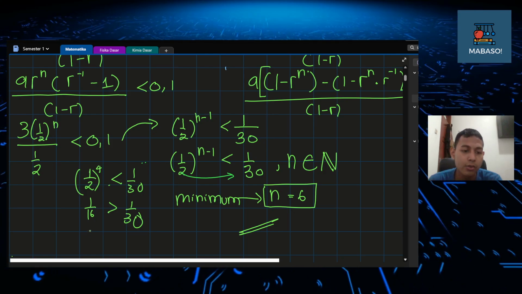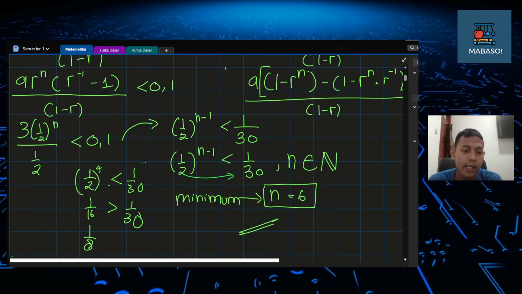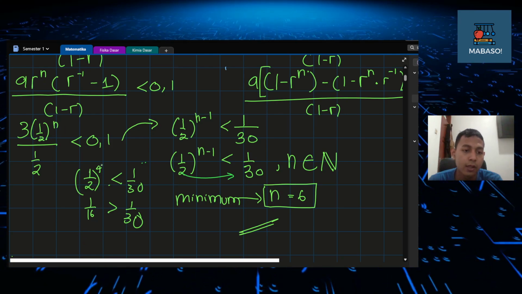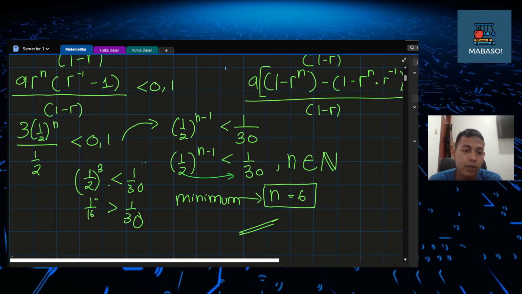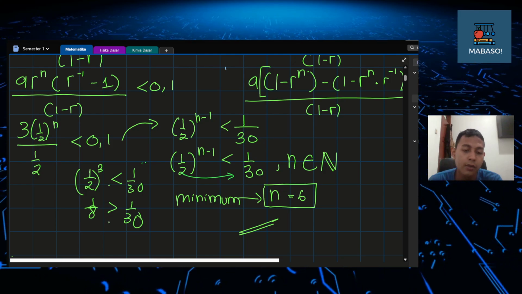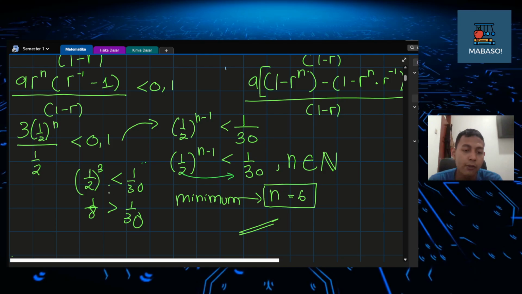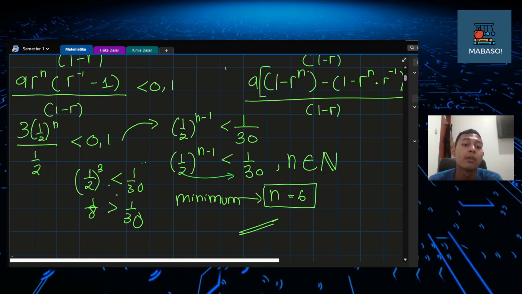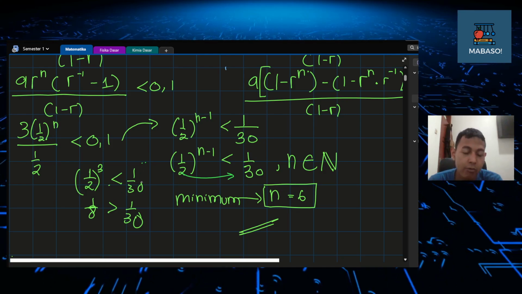What if I chose 1 over 8? What if I replace it with 3? 1 over 8. Well, this would be larger, right? What we have to find is the condition when it is less than 1 over 30.